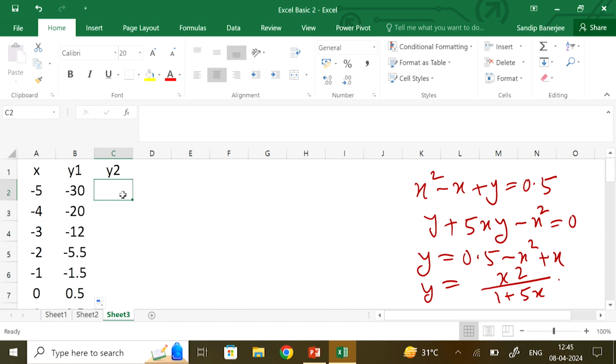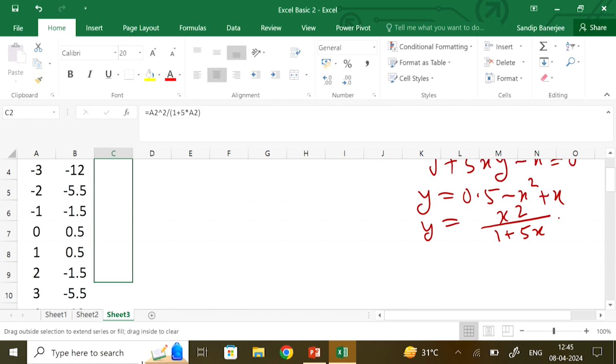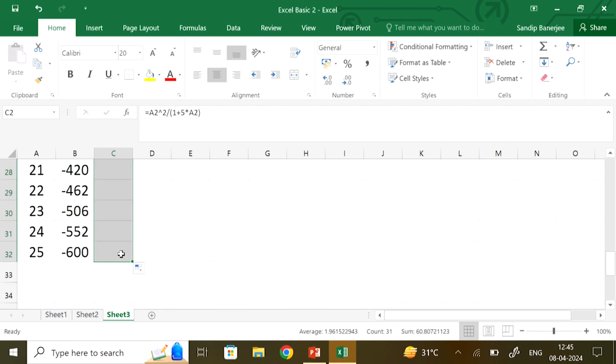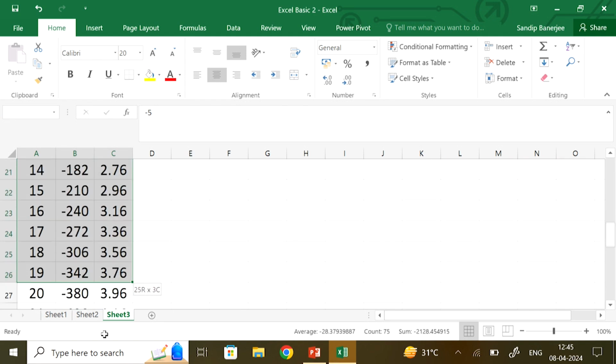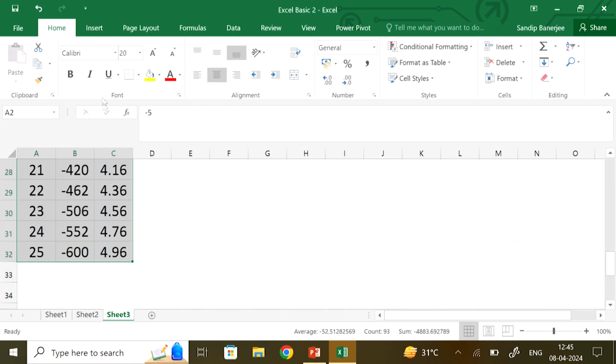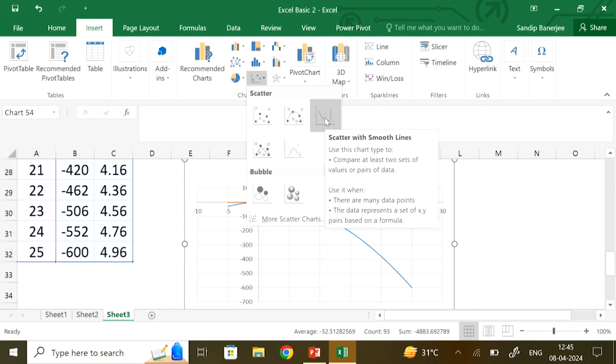Then y2 is equal to x square divided by 1 plus 5 times x. Enter and you get this value of y2, you drag this. Let us visualize this. Go to insert, go to this curve and you see.